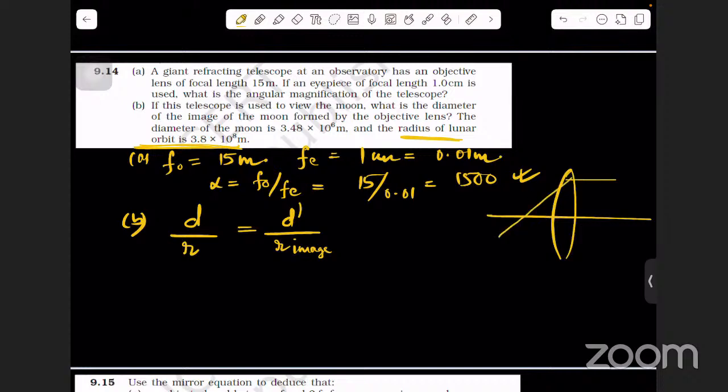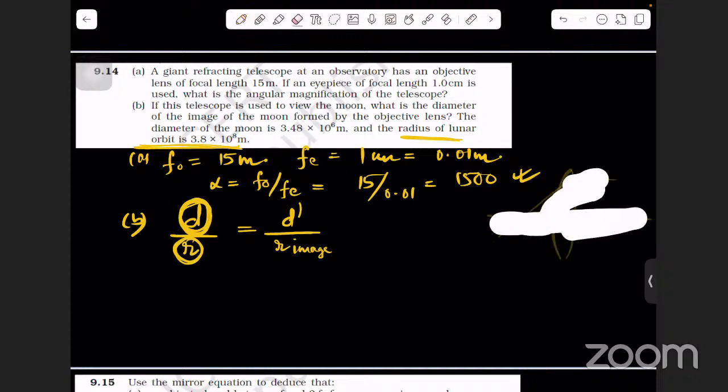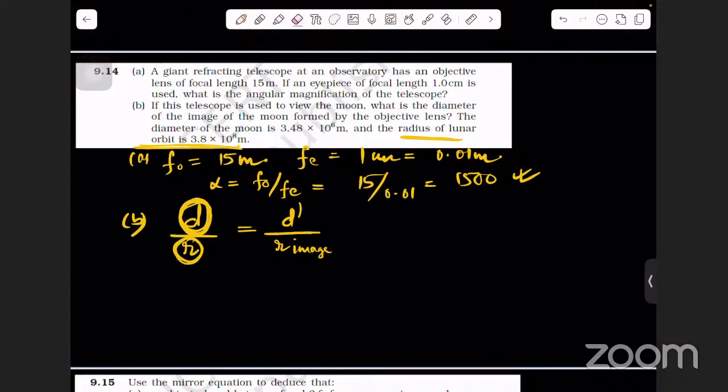For similar triangles, the diameter of the moon upon the distance of the moon from the lens is equal to the diameter of the image divided by the distance of the image. The ratios should be equal.